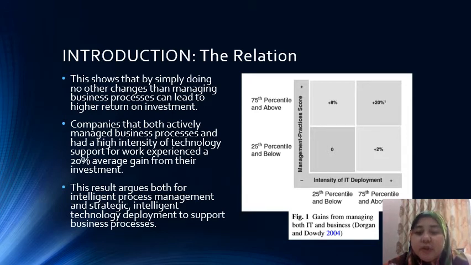But if you manage the organization according to the business strategy, and then you manage your processes, you may achieve up to 20% effectiveness for the business process.